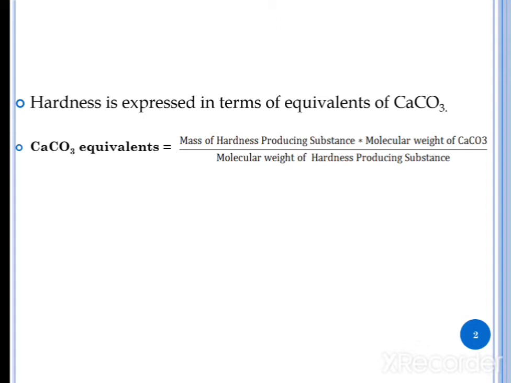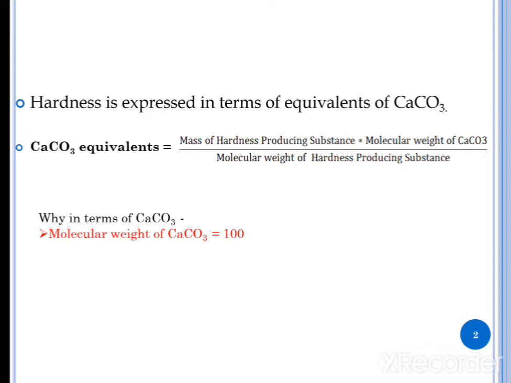Then why did we choose calcium carbonate, or why do we express hardness in terms of equivalents of calcium carbonate? Because the molecular weight of calcium carbonate is 100, so it is easy to calculate by taking that molecular weight 100.